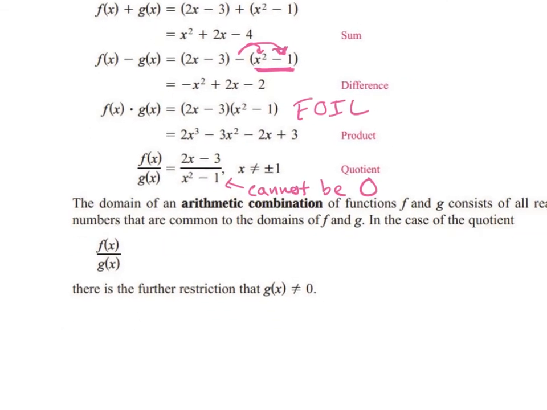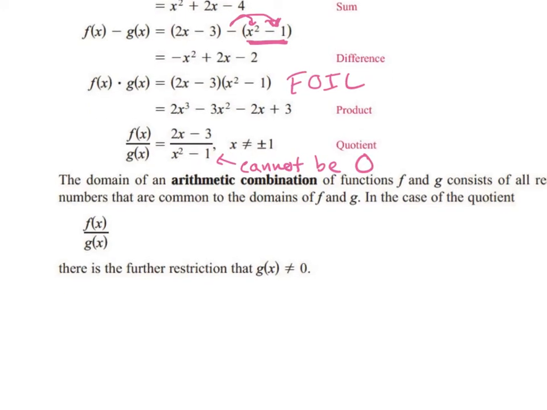The domain of an arithmetic combination of functions f and g consists of all real numbers that are common to the domain of f and g. In the case of the quotient, there is a further restriction that g of x cannot equal 0. So again, we can't have 0 on the bottom.